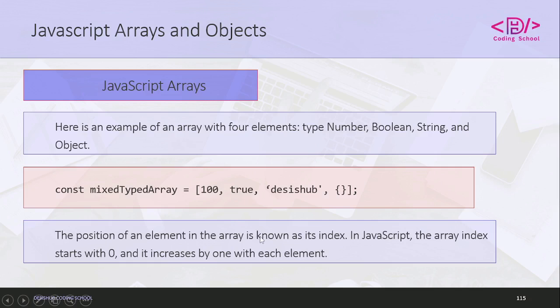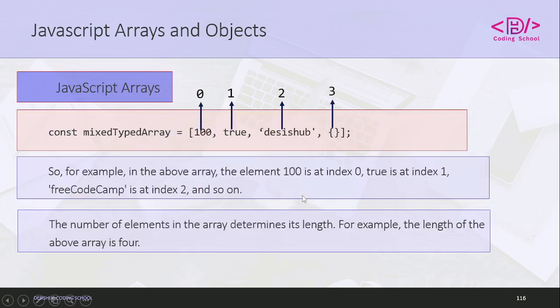The array index starts from 0, as we had said. Arrays are 0 based, so the first item occupies index 0, true is 1, this is hub is 2, like that.